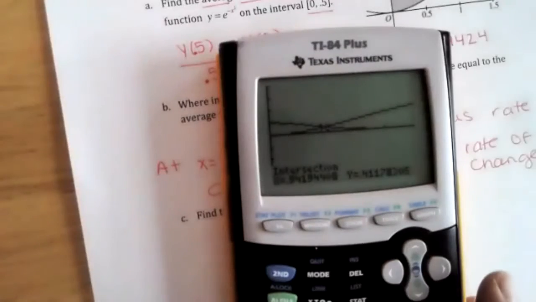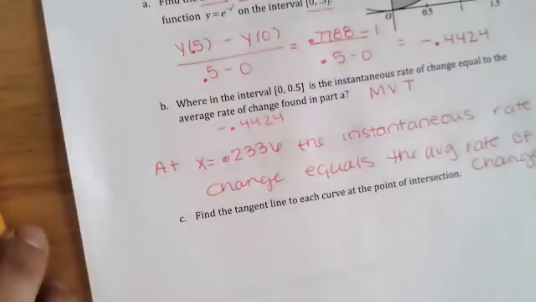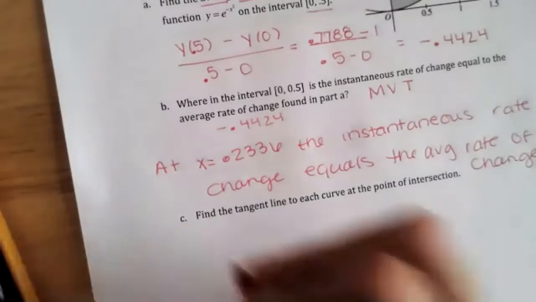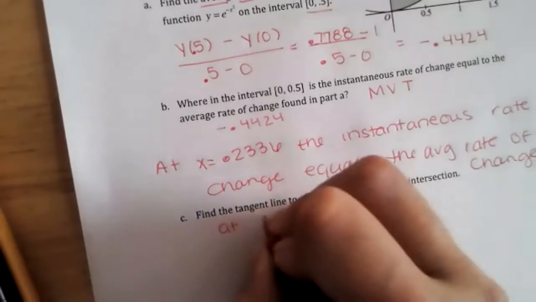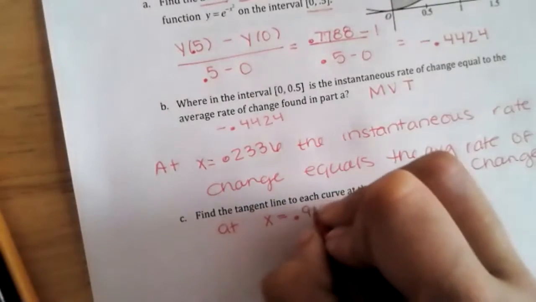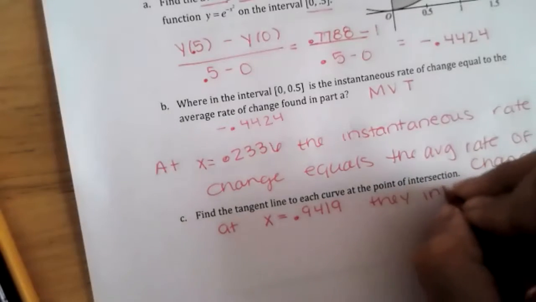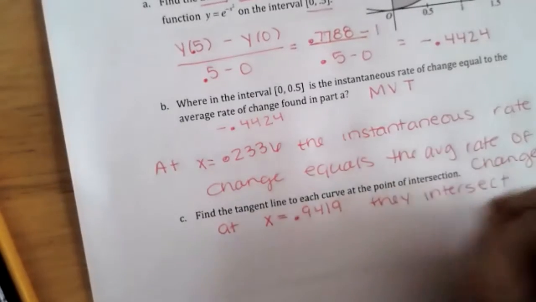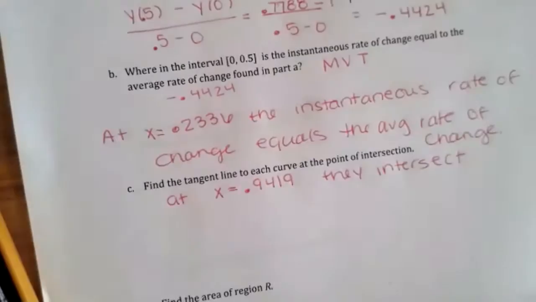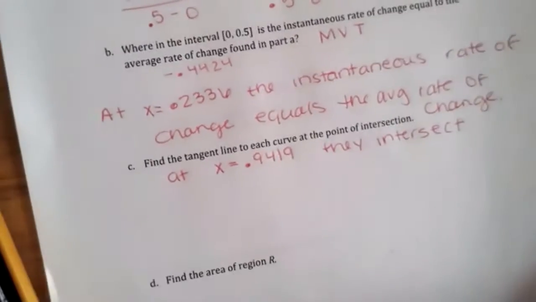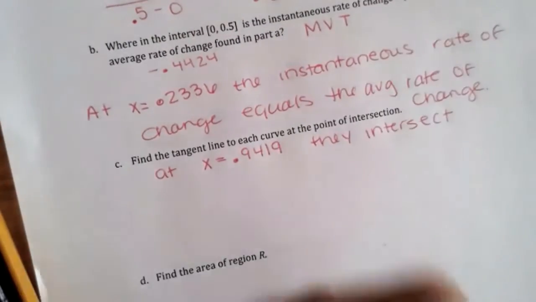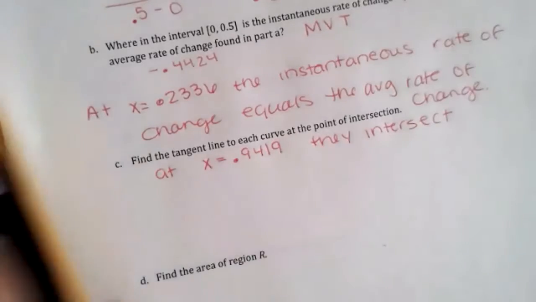It's at 0.9419. So if they intersect at that point, then the equations of their tangent lines need the slopes at those points.